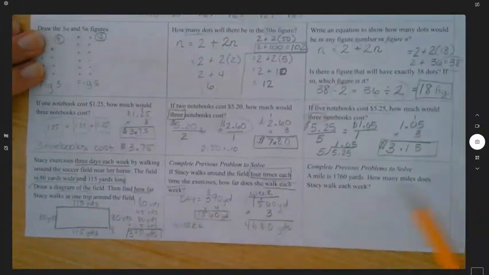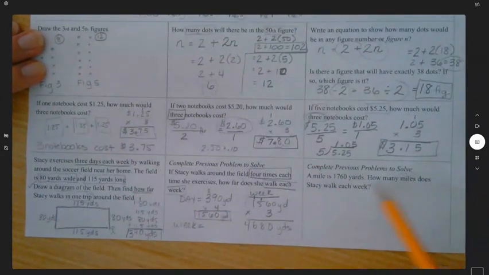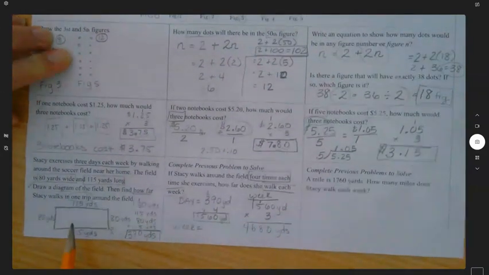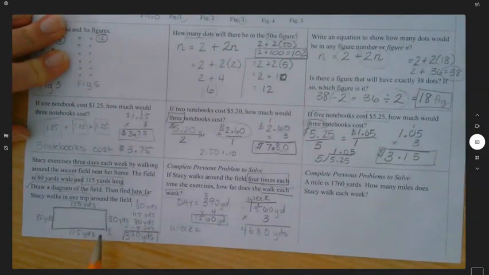Finally, the bottom. You have to complete the previous problems in order to solve this one. So what we talked about in the middle is we set up our area or our perimeter around the soccer field. One lap was 390 yards.